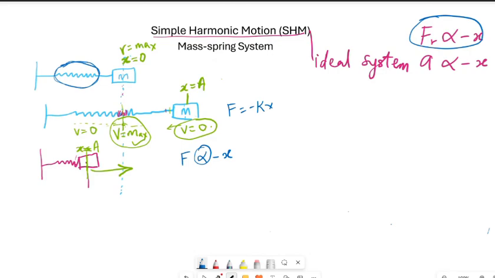Exactly what this changes to: F equals, because once this proportionality is turned to equals, there must be a constant, and the constant is k, the spring constant. They call this the force constant also. This k can be either force or spring constant.